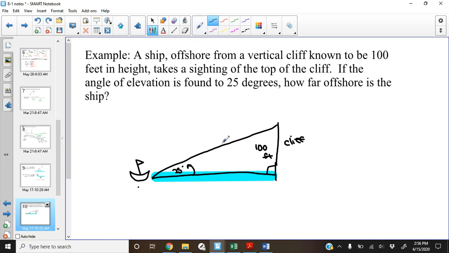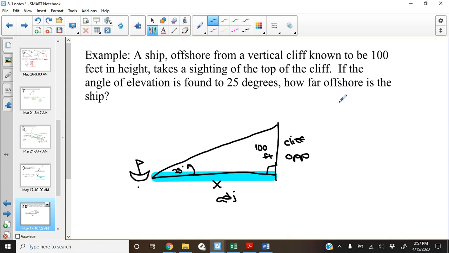So offshore is on the bottom of the triangle here, x. If we're looking at the angle 25, we have the opposite side given to us, and they want us to find the adjacent. So we can use tan to find it.